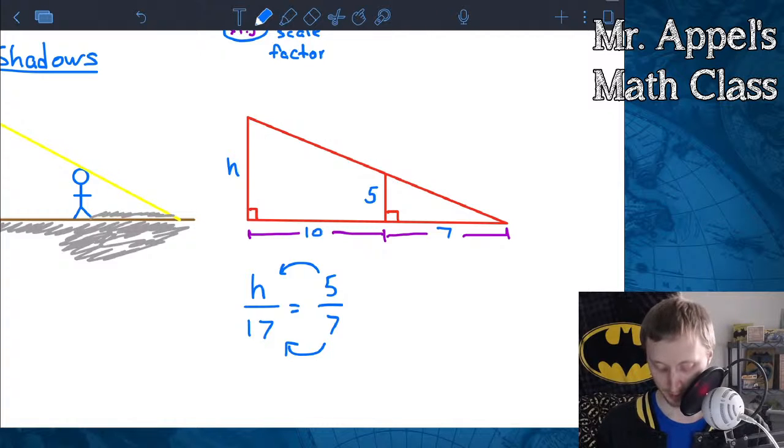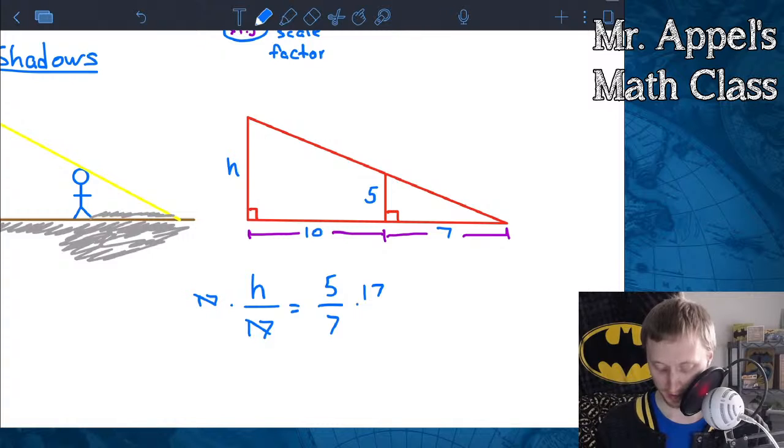So whatever I multiply by, so 17 divided by 7, which was 2.4285. We'll take that times 5. Or treat this as an algebraic equation and just solve for h. So we're going to multiply both sides by 17.